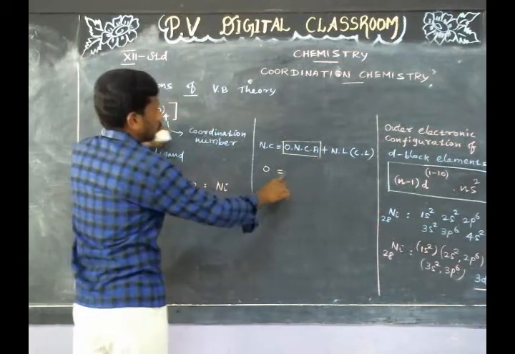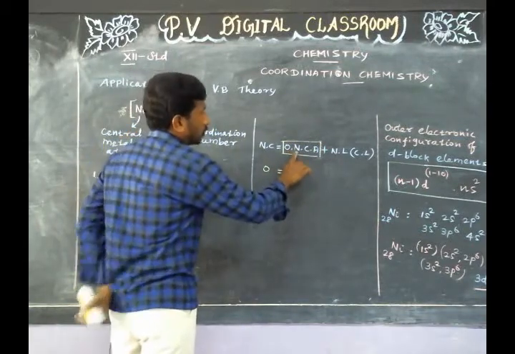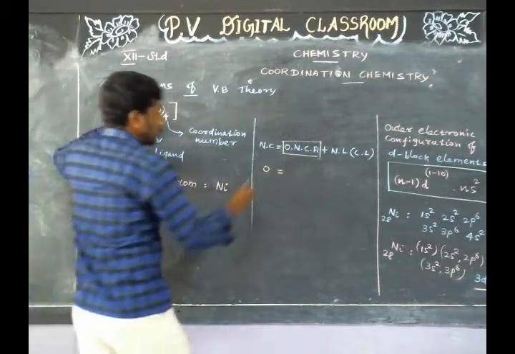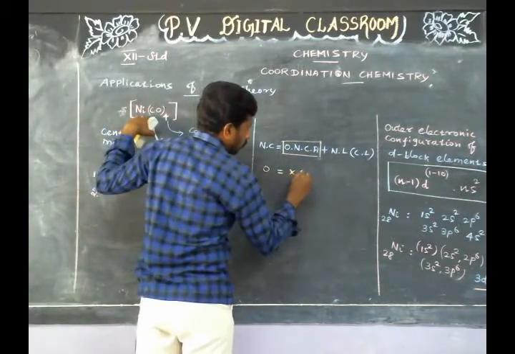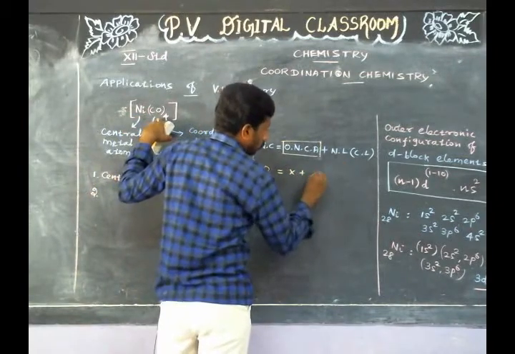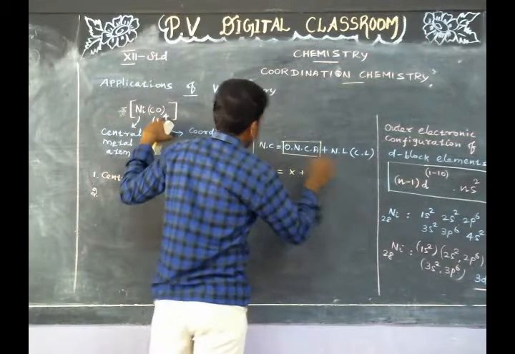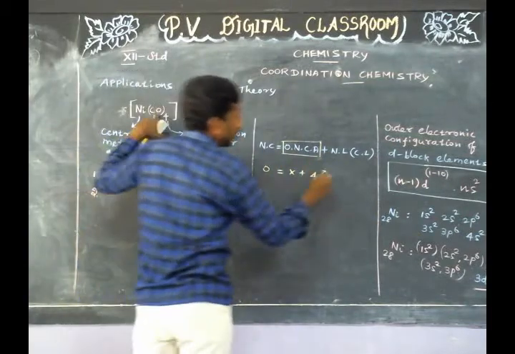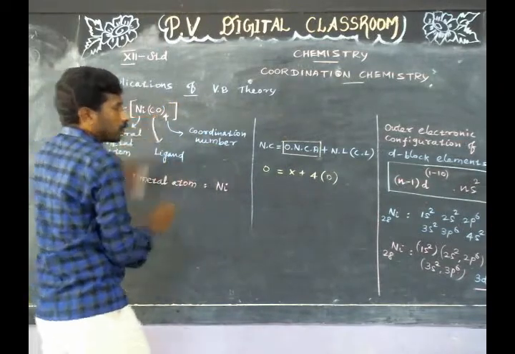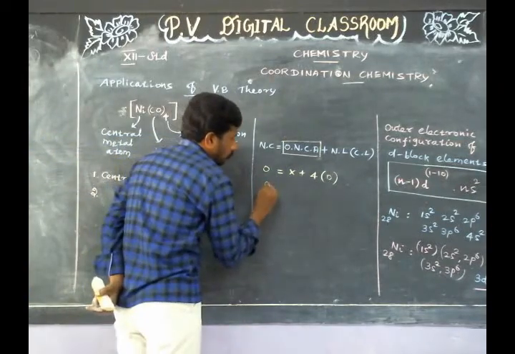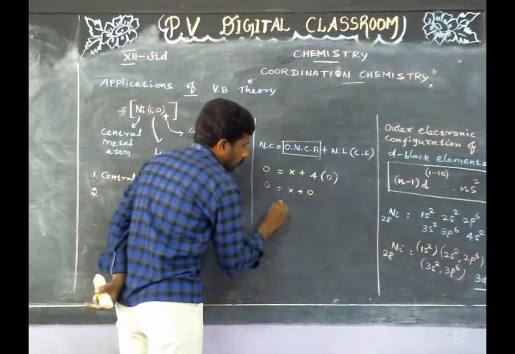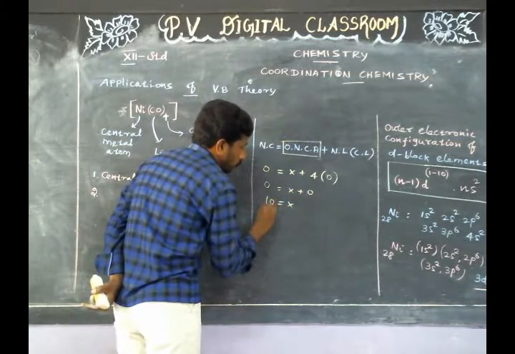is equal to the oxidation number of the central atom in this compound, which is unknown, so it is taken as X, plus the number of ligands in this compound, 4, into the charge on the ligand, which in this case is 0, since carbonyl is a neutral ligand. 0 is equal to X plus 0, therefore X is equal to 0.